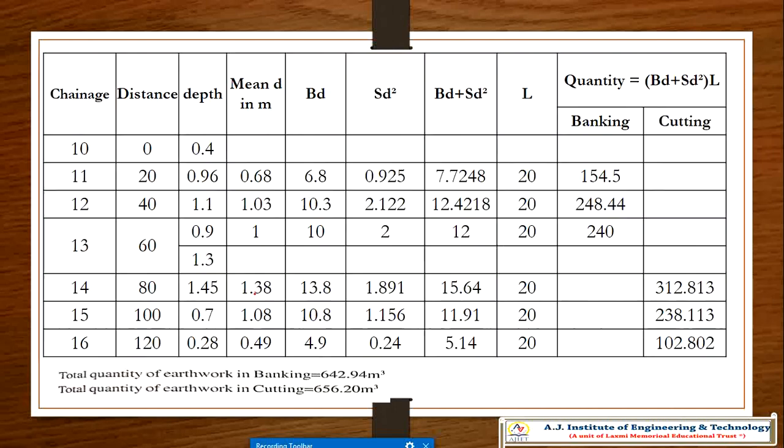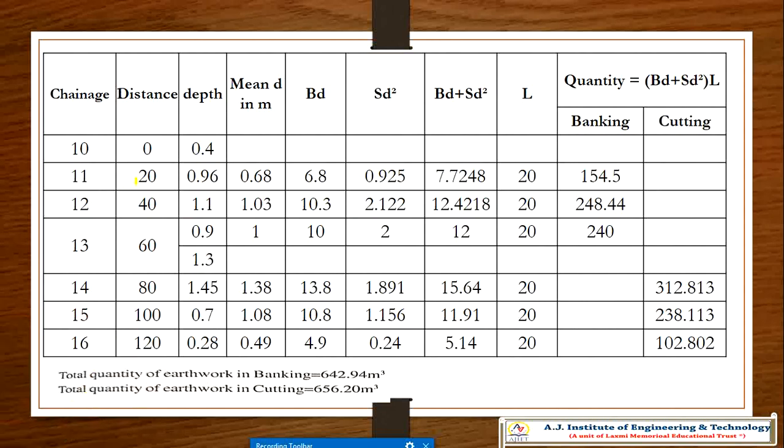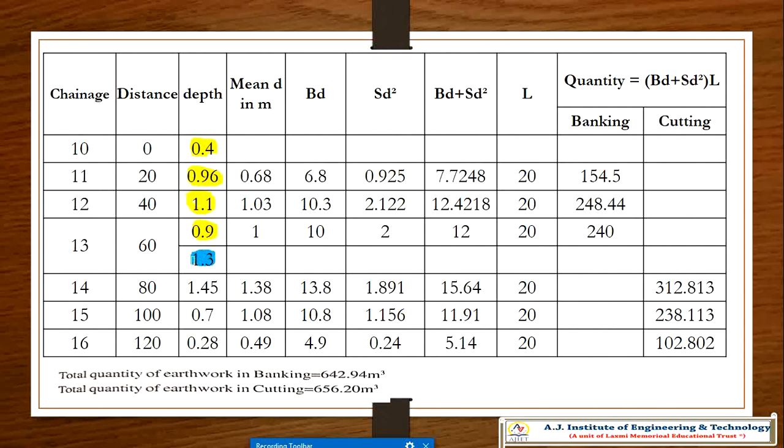So I'll write here 0.4, where the 0.4 is in the banking, isn't it? So I'll highlight it. So this is in the banking: 0.4, 0.96, 1.1, 0.9. Actually this is in the banking, and this will be in the cutting, that is 1.3, 1.45, 0.7, 0.28. Is it so? This is in the cutting column.